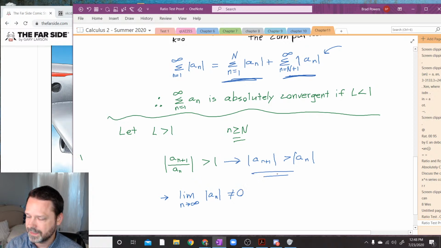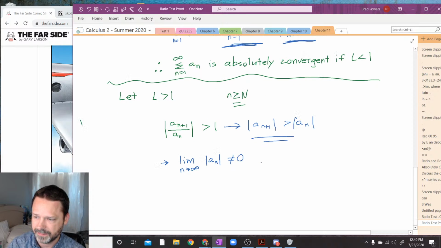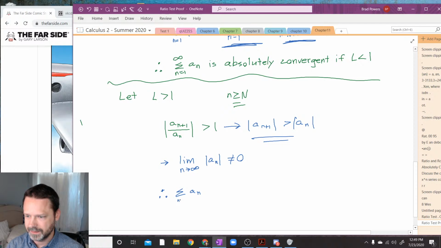What's this saying? Our terms are getting bigger and bigger, which means the limit does not equal 0. If the limit doesn't equal 0, then we have divergence by the test for divergence. So therefore, our sum of a sub n from n equals 1 to infinity is divergent.